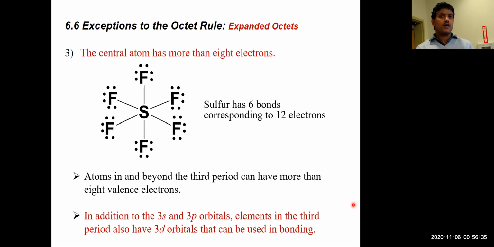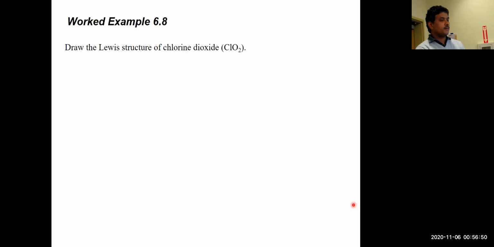So it is okay if they hold more than 8 electrons, right? Because it is keeping the whole molecule stable. That's all that matters, keeping the whole molecule stable for the greater good. So they were making a sacrifice.